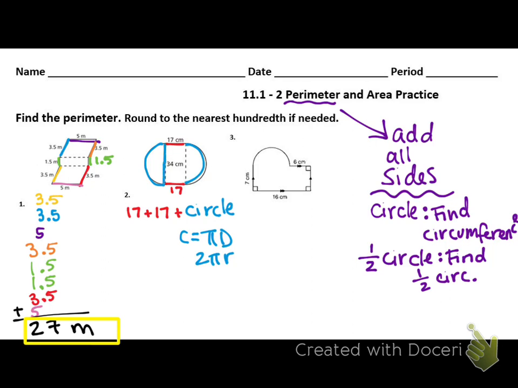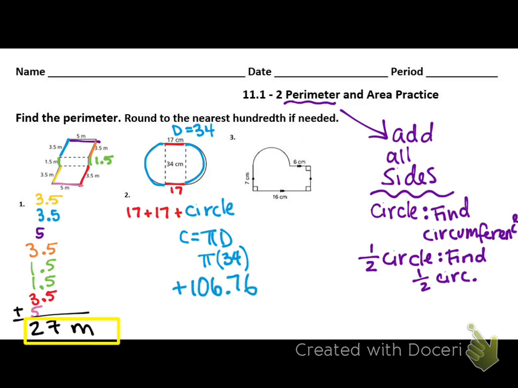We were given the length all the way across as 34, so that means the diameter is 34. So we're going to use pi times d. So pi times 34. So 3.14 times 34.